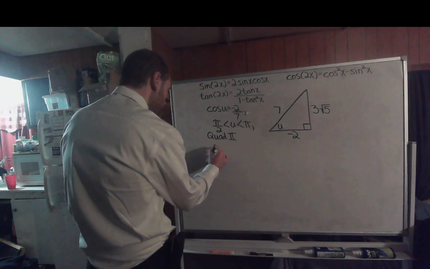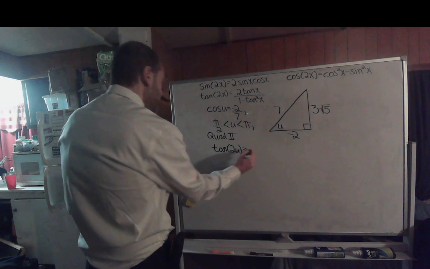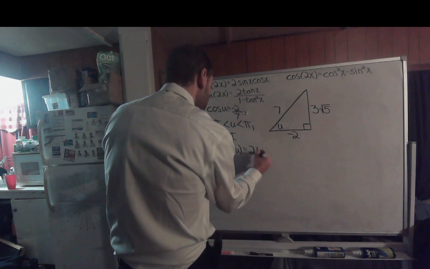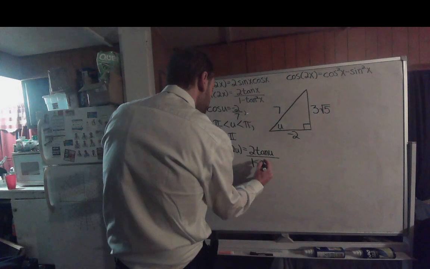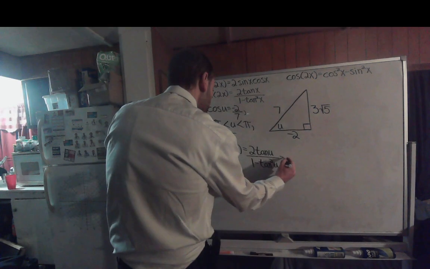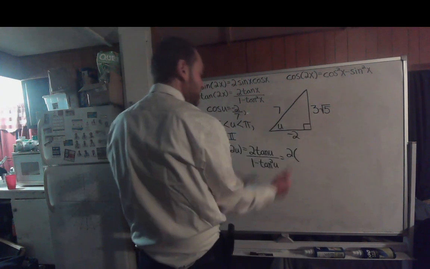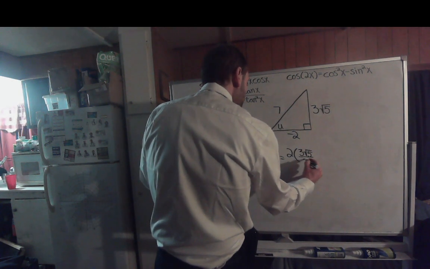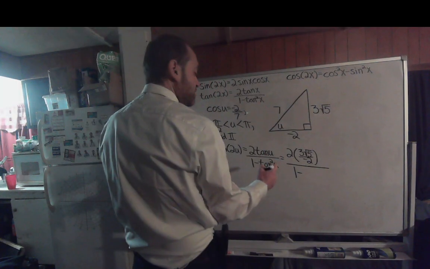For the tangent of 2u, we can apply the double angle formula for the tangent function. That would be 2 times the tangent of u all over 1 minus the tangent squared of u. So let's put in the tangent of u. That would be 2 times 3 times the square root of 5 over negative 2, then over 1 minus that tangent squared of u.